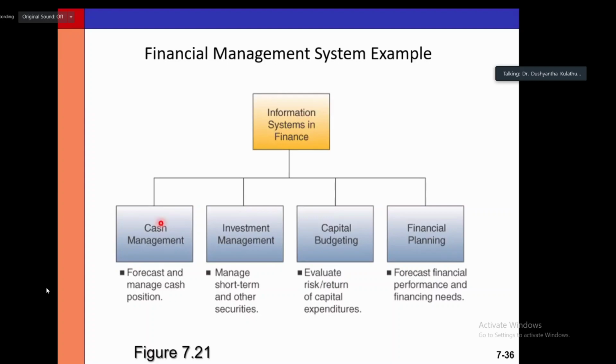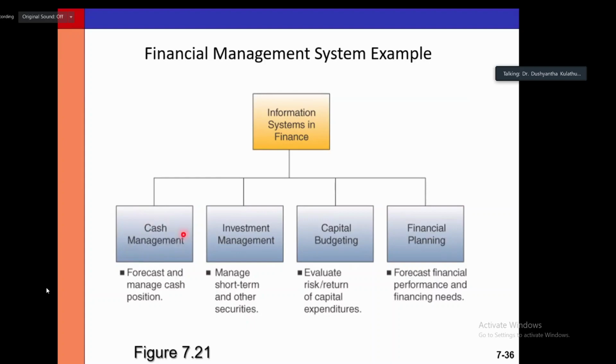It basically supports areas like cash management: forecasting and managing cash position. So the organization is in a position to forecast its future cash flow and manage the related activities with the help of this cash management component.